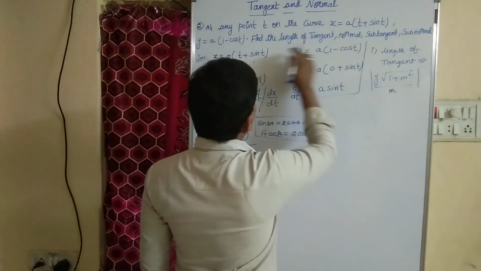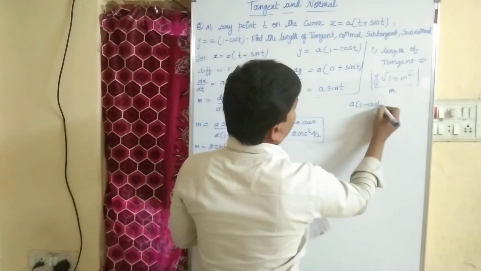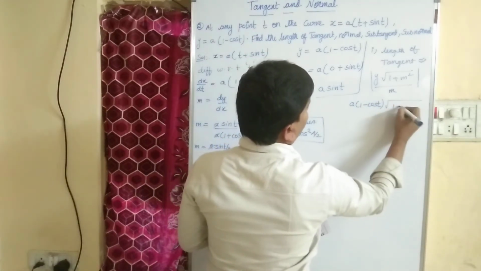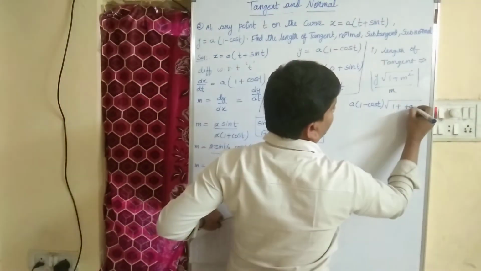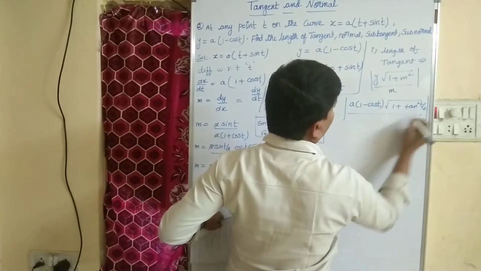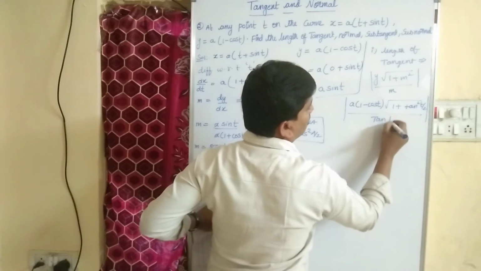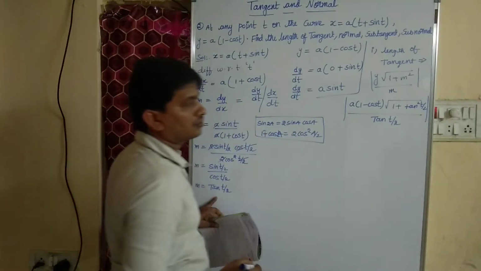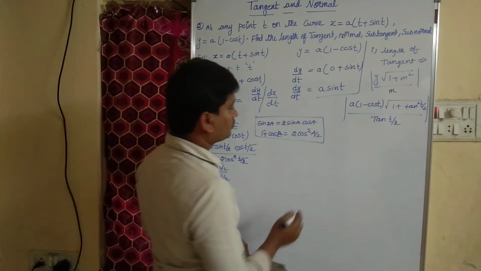What is the value of y? Y value is a into 1 minus cos t into root over 1 plus value of m is tan t by 2. So I can write as tan square t by 2 divided by what is the value of m? M value is tan t by 2. So how can we write 1 minus cos t?